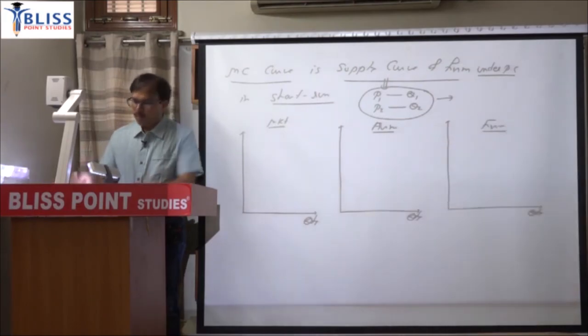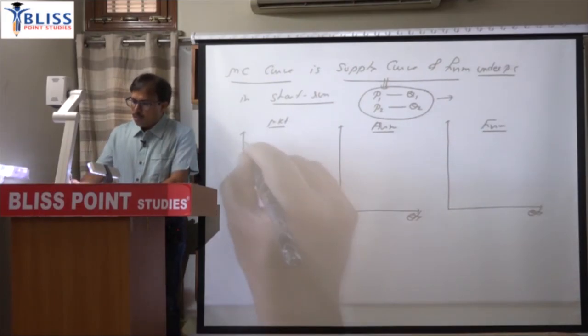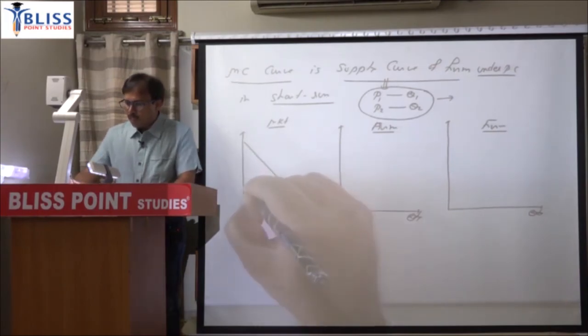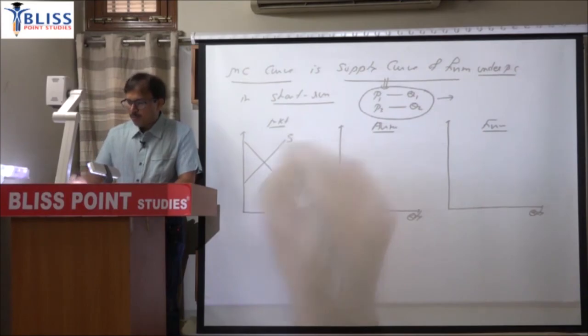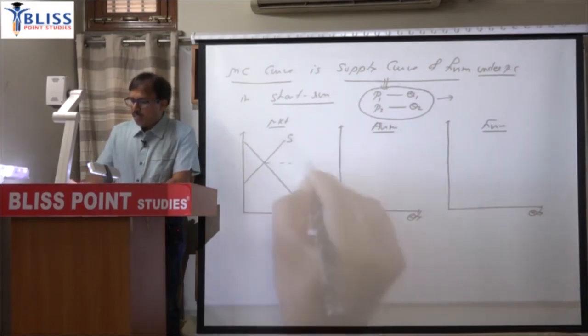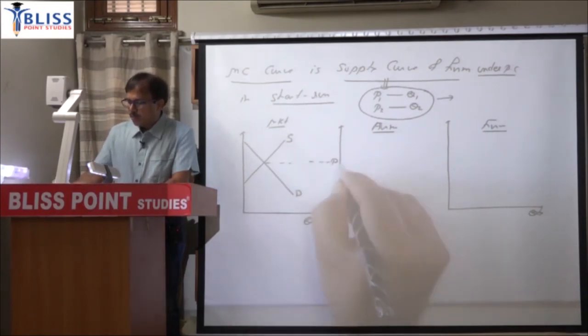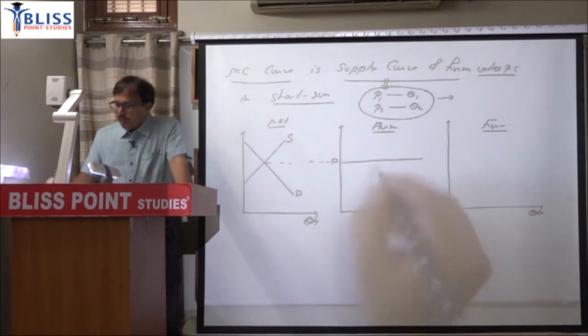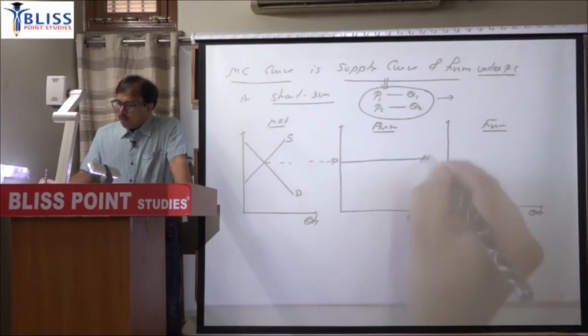So in a market there are many firms. So suppose if this is the demand curve and supply curve was positioned here, their intersection determine the price. Now at that, obviously as you know, at that price AR is equal to MR.